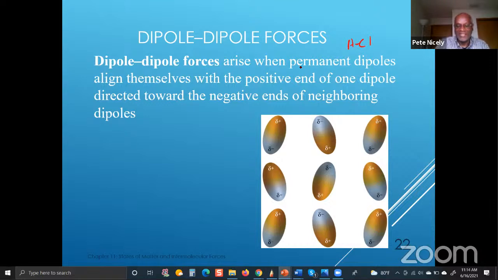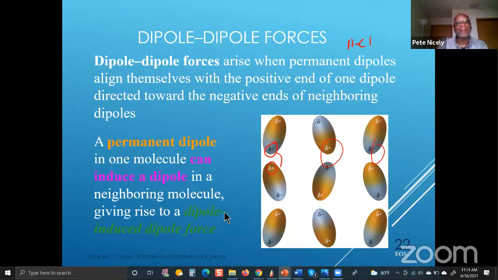What's going to happen is that in these substances, the permanent dipoles will line up such that the negative end of one will be attracted to the positive end of the other. So you're going to have the attractive force between these two ends, and that's the same throughout the substance. All right, so that's what happens in the case of dipole-dipole forces being formed as a result of permanent dipoles being attracted to each other.